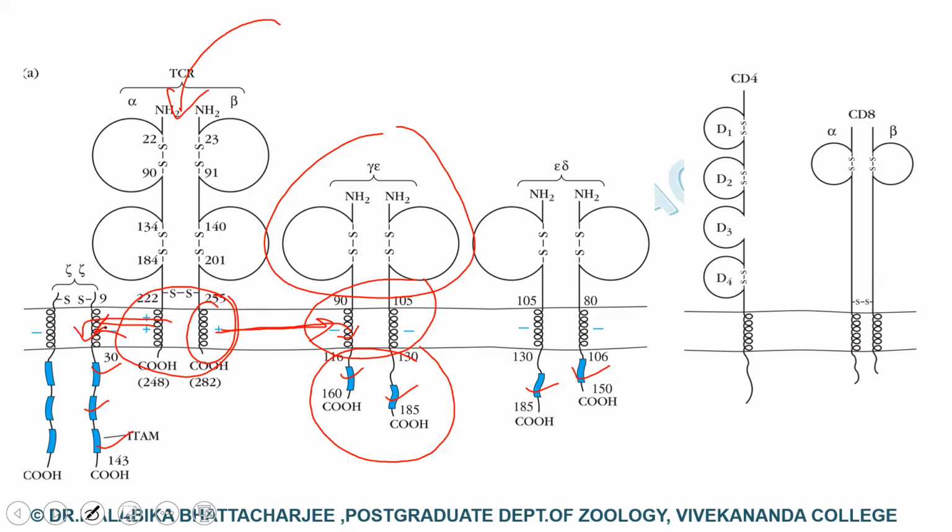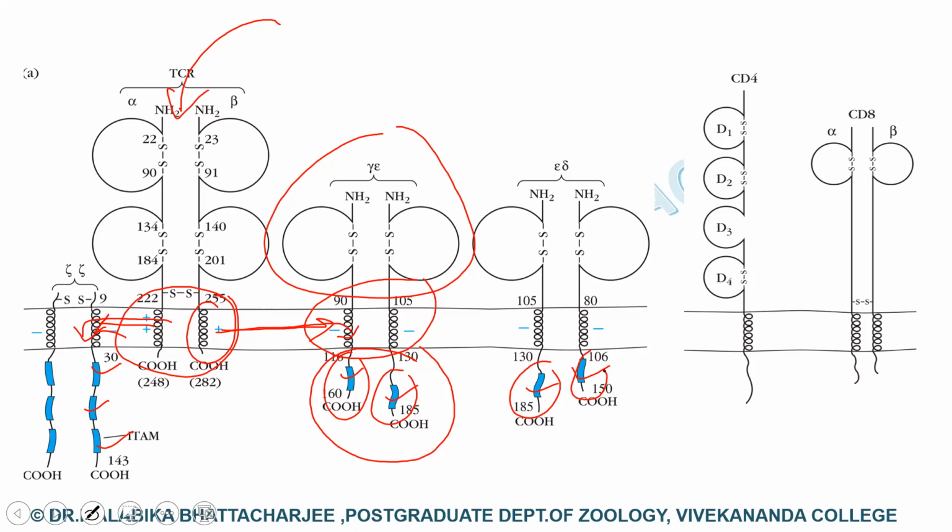And once the CD3 perceives the signal, downstream, as you can see, there are some blue blocks present on these CD3 molecules. These are known as immunoreceptor tyrosine activation motifs. So the CD3 cytoplasmic tails are studded with these ITAM sequences that serve as docking sites for adapter proteins following activation-induced tyrosine phosphorylation.